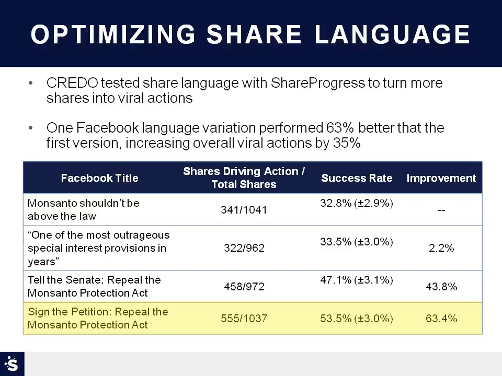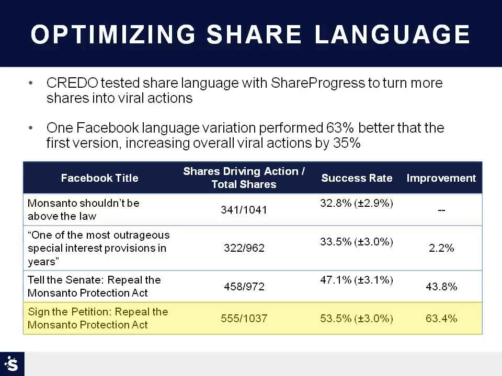So when someone clicks and posts to their wall on Facebook, the headline that shows up there can be different. And we look at how people respond to different headlines and figure out which ones actually get more people's friends to say, oh, this looks interesting, let me click on it and come to the site.